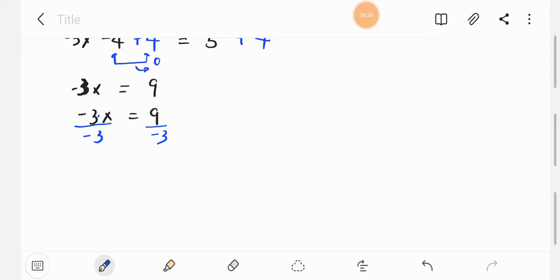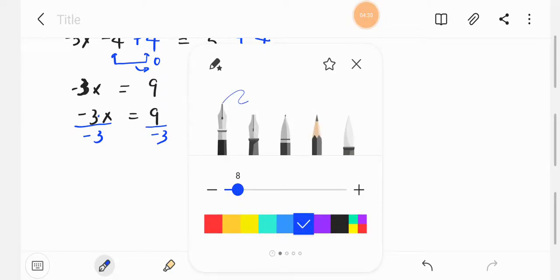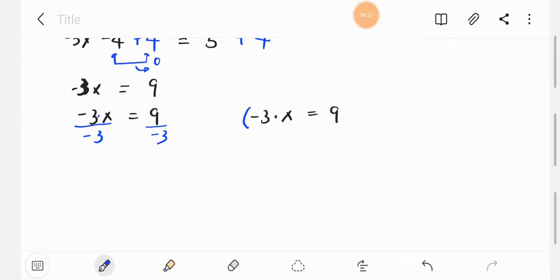Divide by negative 3. Or you can do what? From here, negative 3 times x is equal to 9. So what you can do is multiply by the reciprocal of negative 3. What's the reciprocal of negative 3? That is 1 over negative 3. So multiply by the reciprocal of this coefficient, negative 3.